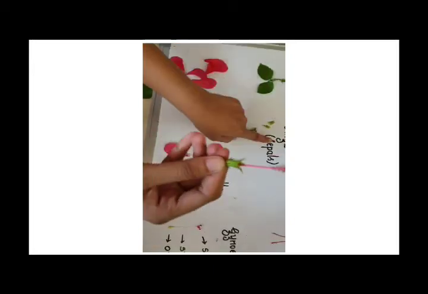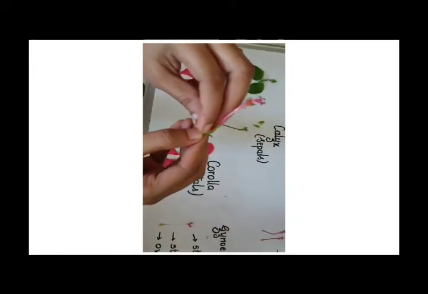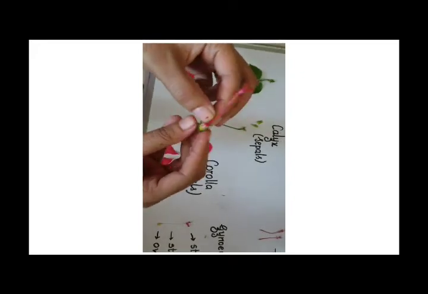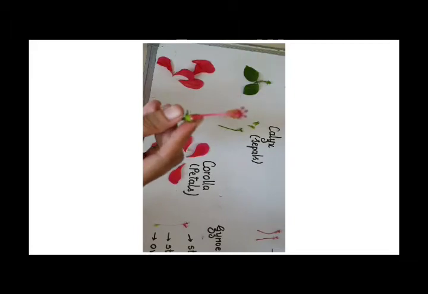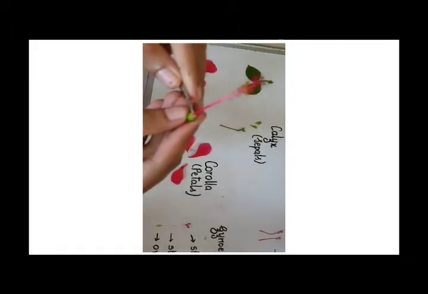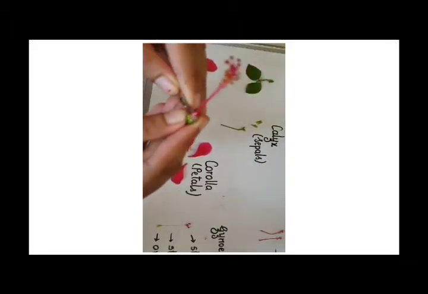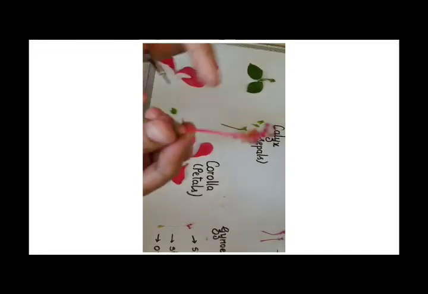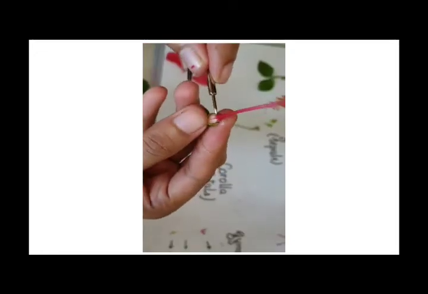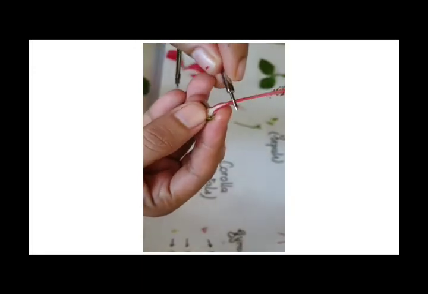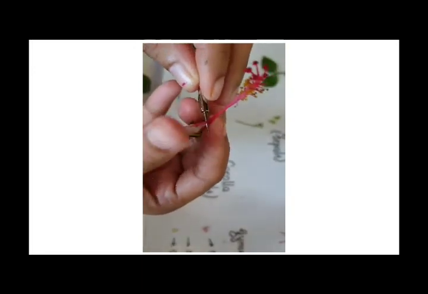Then you can see the calyx, and as I remove the calyx, the bulging part can be seen. I make it more visible by tearing it apart. So you can see the ovary very clearly here at the bottom, placed at the bottom of the receptacle.